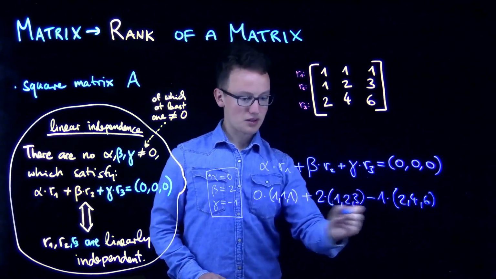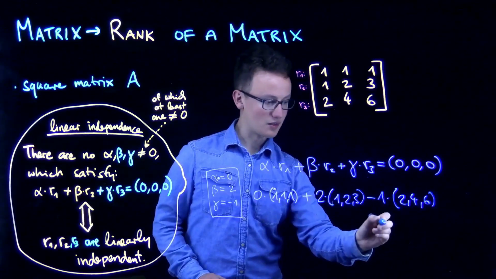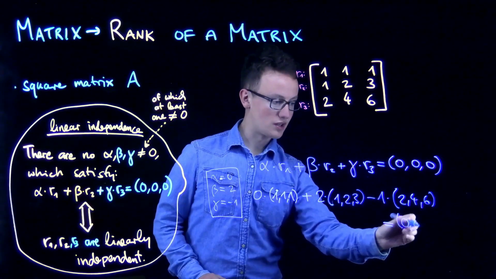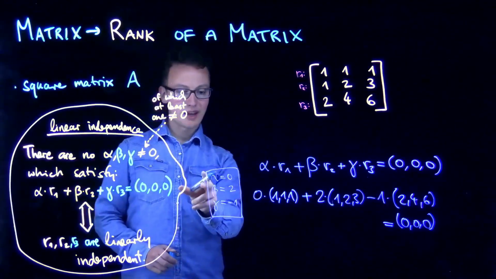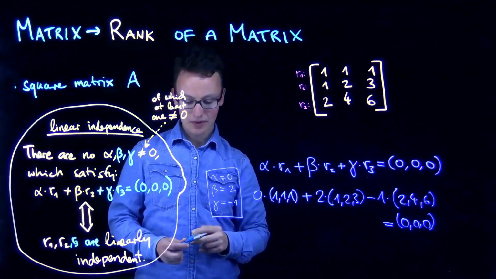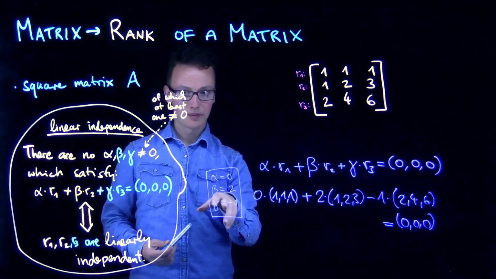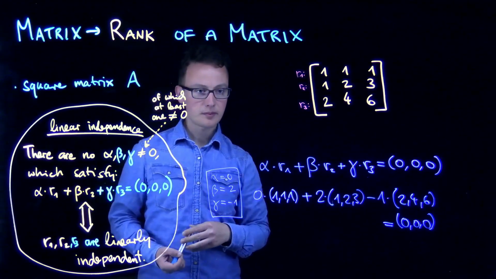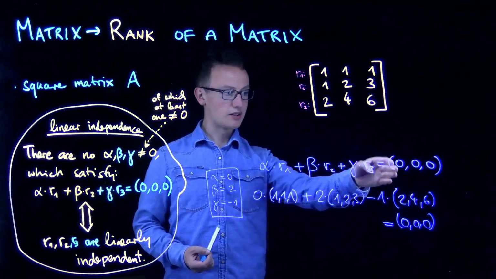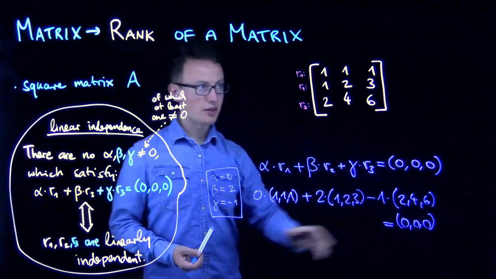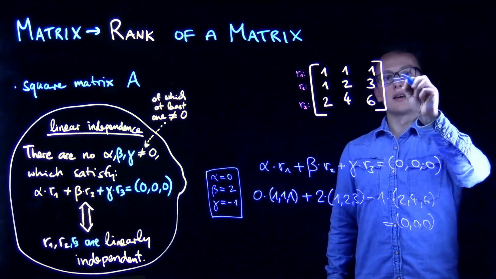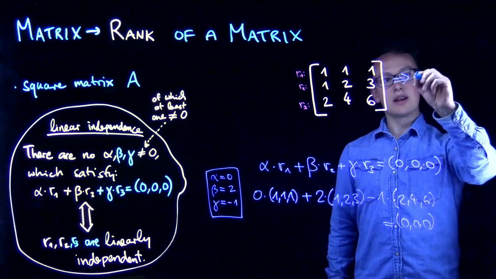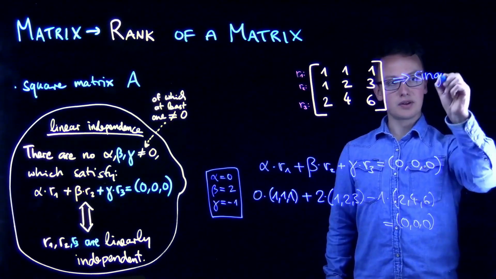And you can just compute this and you will see that this is also equal to 0, 0, 0. So the fact that we could find a combination of alpha, beta, and gamma values, where not all of them are 0, which will give us the result 0, 0, 0 here, means that this matrix overall is, as we just discussed, a singular matrix, meaning that we cannot invert it.